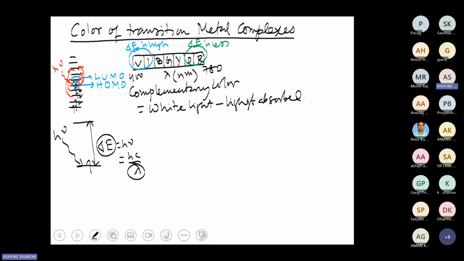If I take some examples like this, then the fact will be very clear. Suppose the aqueous solution of octahedral [Co(H2O)6]2+.